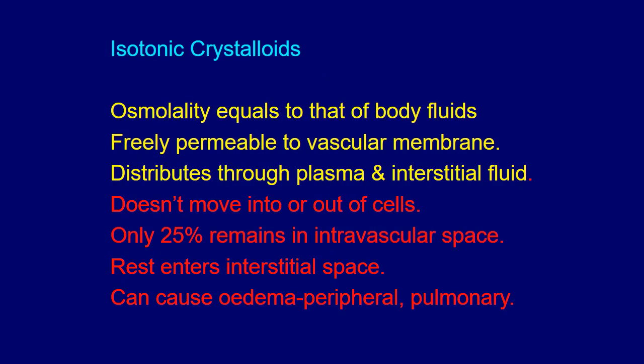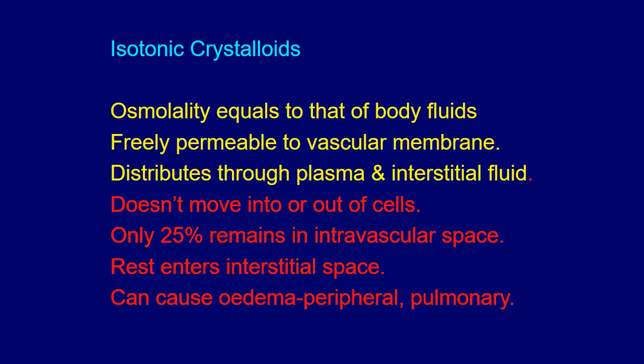Right, so isotonic crystalloids have an osmolality or tonicity equal to that of the body fluids, and they are freely permeable to the vascular membrane. If you infuse an isotonic crystalloid into the intravascular compartment through a cannula into a vein, they can go through the vascular membrane freely. They distribute through the plasma and interstitial fluid, and they will find it difficult to move into or out of cells.